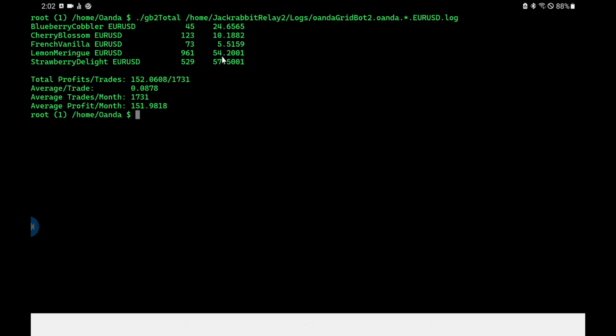And what's really interesting is Strawberry Delight has less trades than Lemon Meringue, but it has made slightly more profit. Different techniques, for example, different stop losses, different profit levels, different deviation levels. All of these have been tested and are being tested.